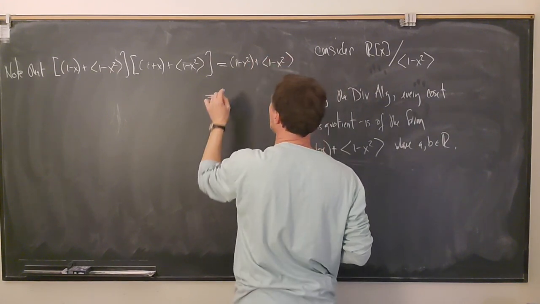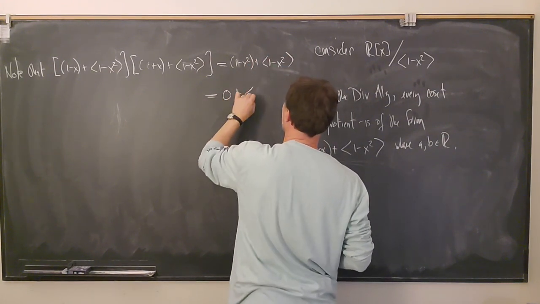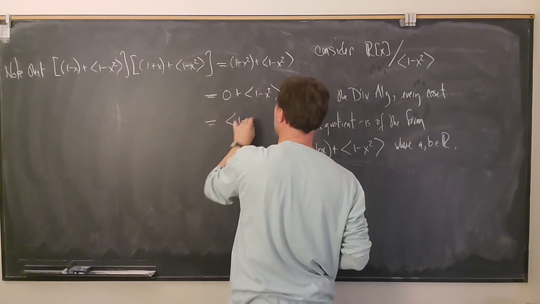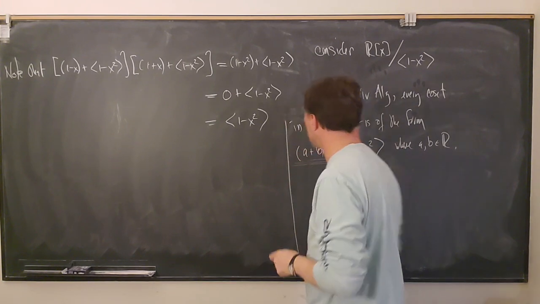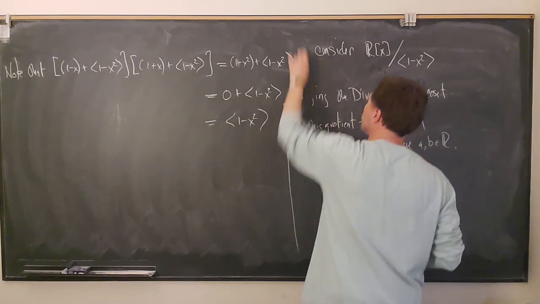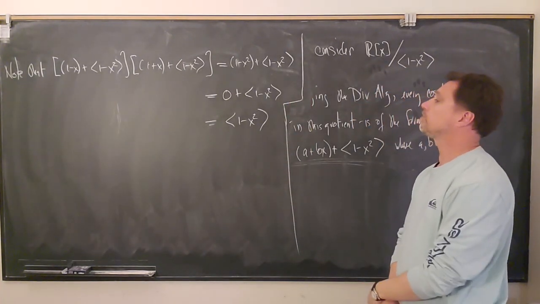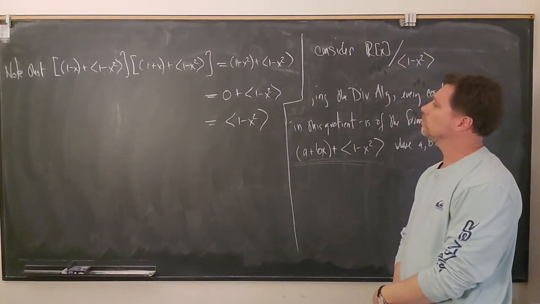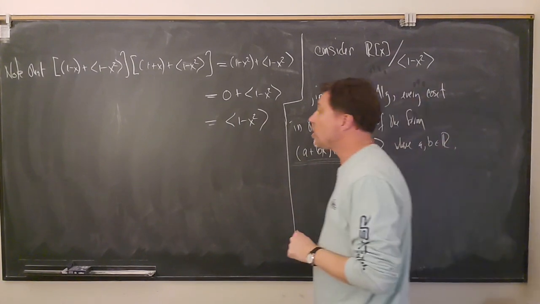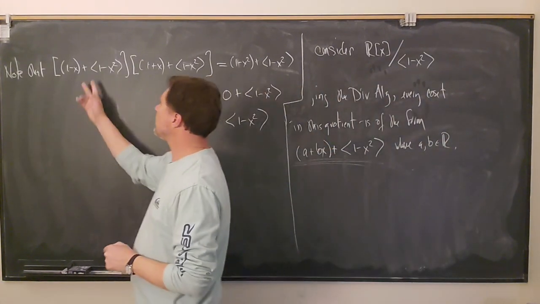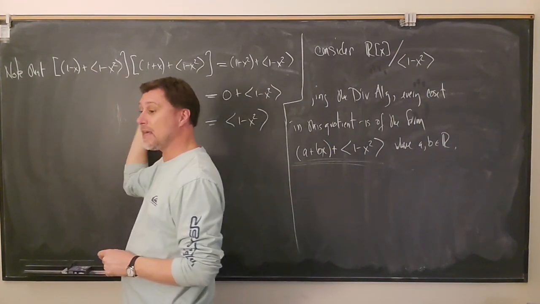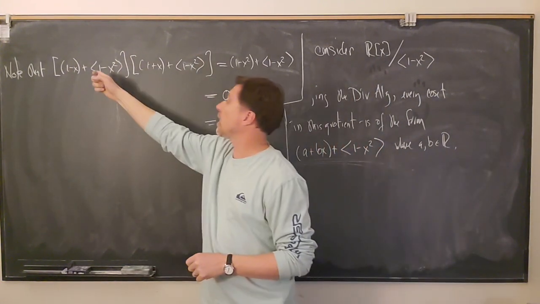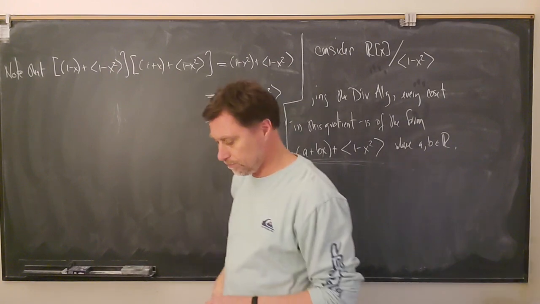But that's just equal to 0 plus the ideal generated by 1 minus x squared, which is the zero coset in our quotient. And so, noticing that neither of these is equal to 0 inside the quotient, what we just did is we recognized we've got zero divisors here.